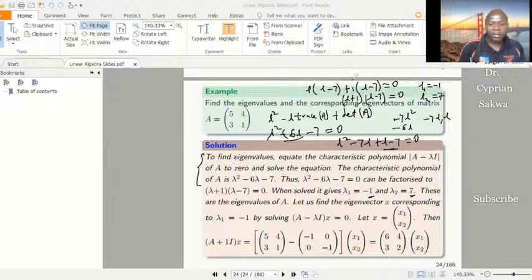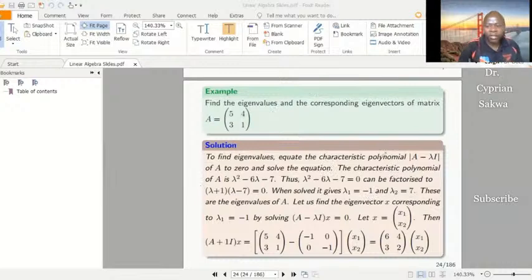What are the eigenvalues? Now you have the eigenvalues, you need to get the eigenvectors corresponding to each of the eigenvalues. So I begin by finding the eigenvector corresponding to my first eigenvalue. And I know that to do that, I need to solve this equation.